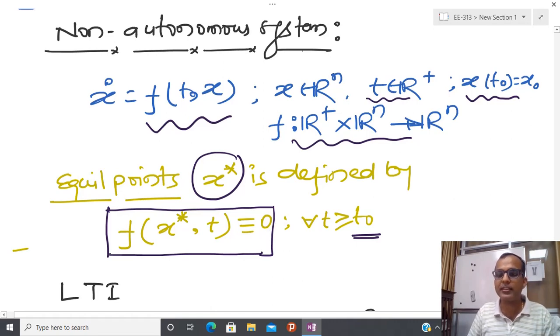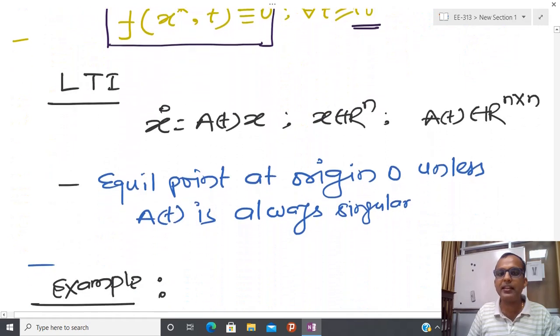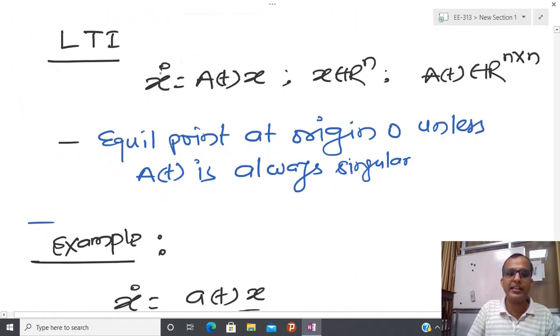So now let us consider the special case, which is linear time varying. Basically this is a linear time varying system, so an LTV system, not an LTI system. In this LTV system I have constructed one very simple example: x dot equals A(t) times x, where A(t) is a matrix in which each entry has some kind of time varying element.